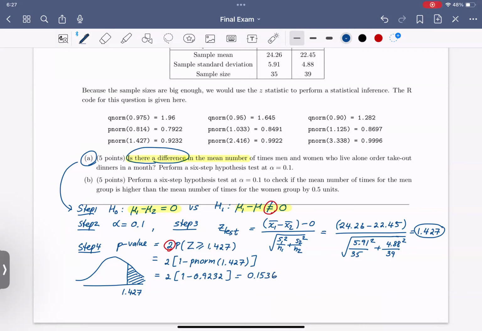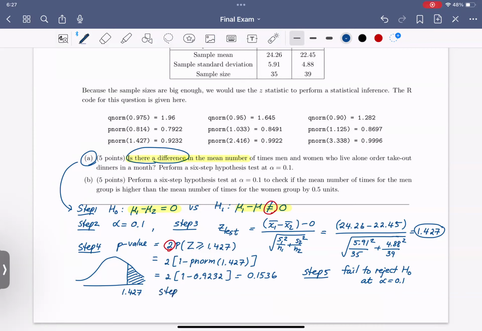So step 5, you say that you fail to reject the null hypothesis at alpha equal to 0.1, right? Because you have a p-value equal to 0.15, which is bigger than 0.1.